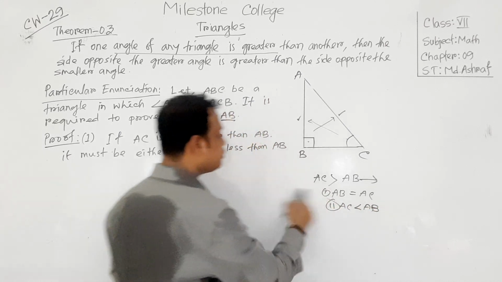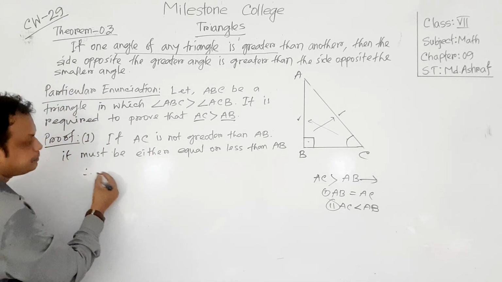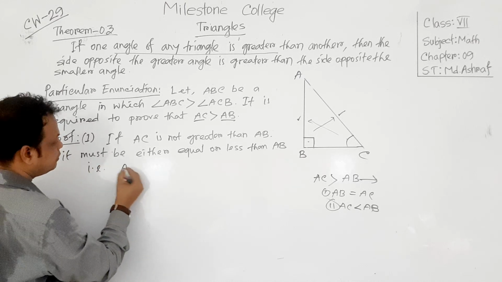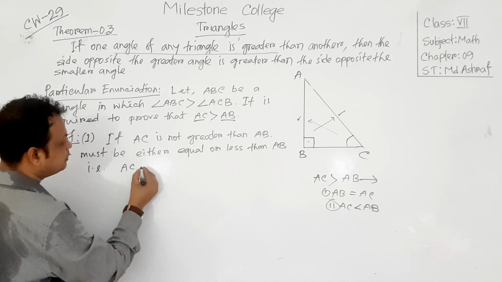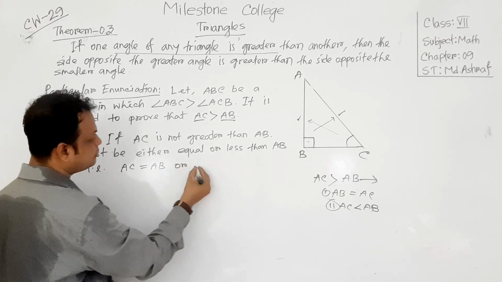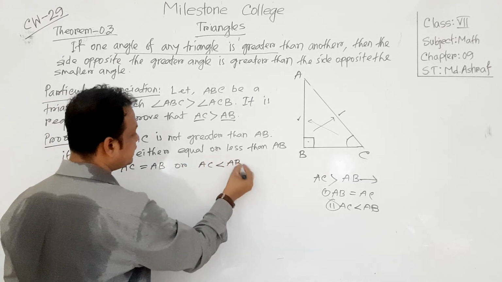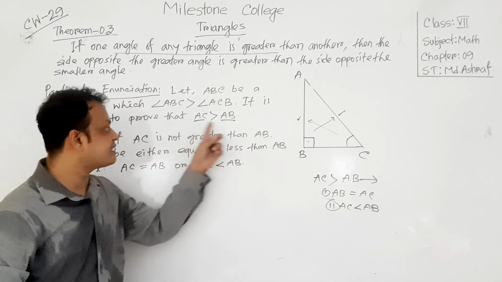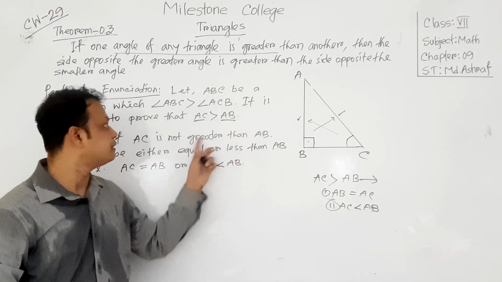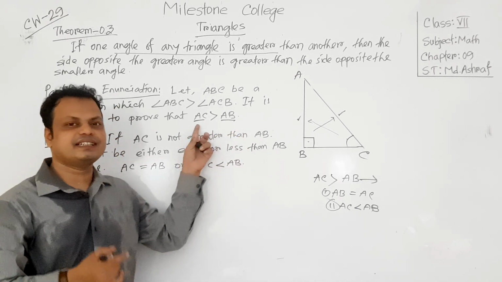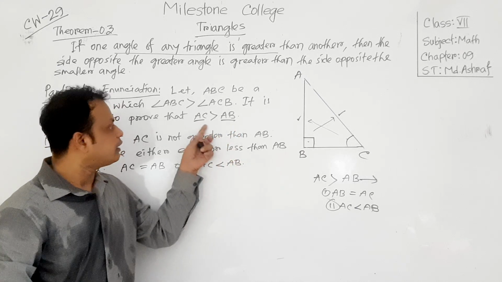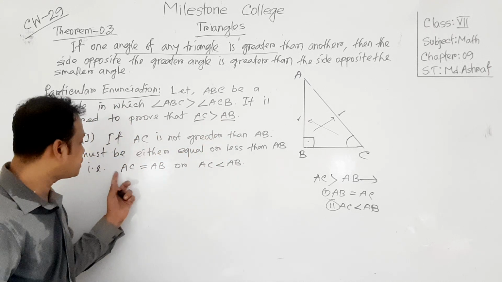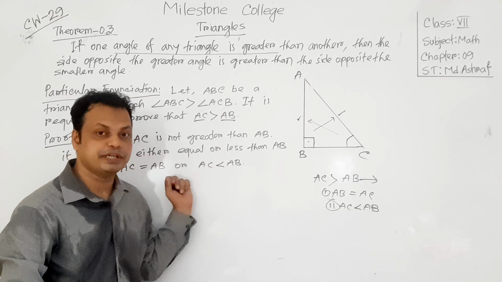Therefore, that is, AC equals AB or AC less than AB. We need to prove AC greater than AB, but we consider AC is not greater than AB, then it may be AC equals AB or AC less than AB. So we consider these two things.